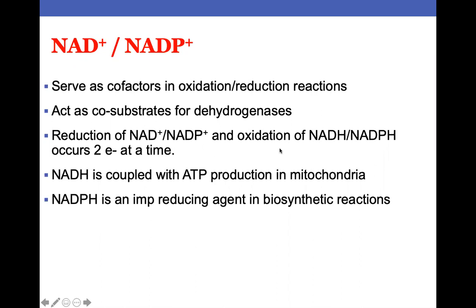And pretty much when you're converting the NADH to this form over here, you're giving 2 electrons, not 1. And the way that I differentiate between NADH and NADPH, this is something my high school teacher used to tell me, is that you can think of the P as plant.